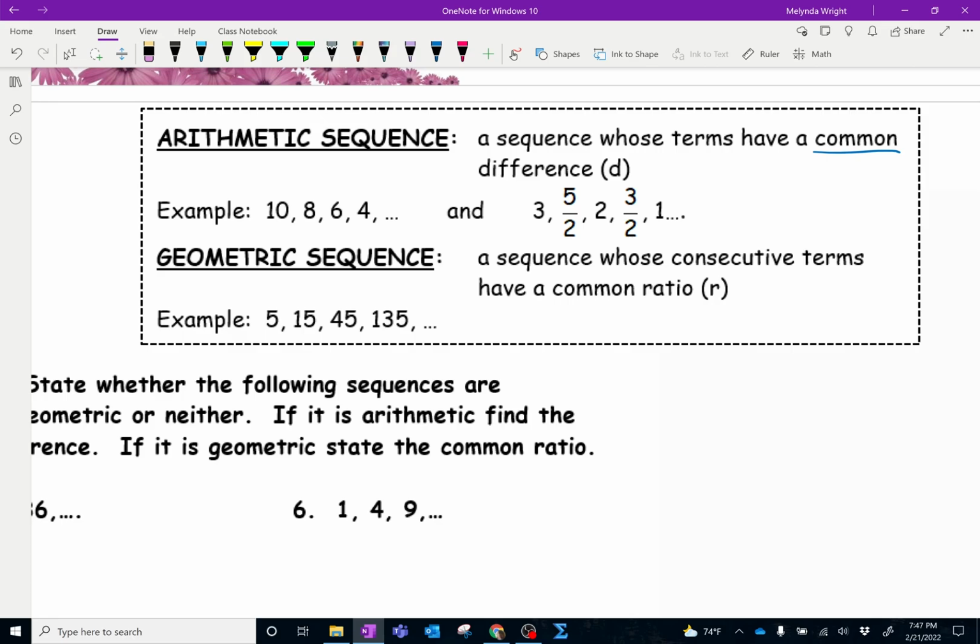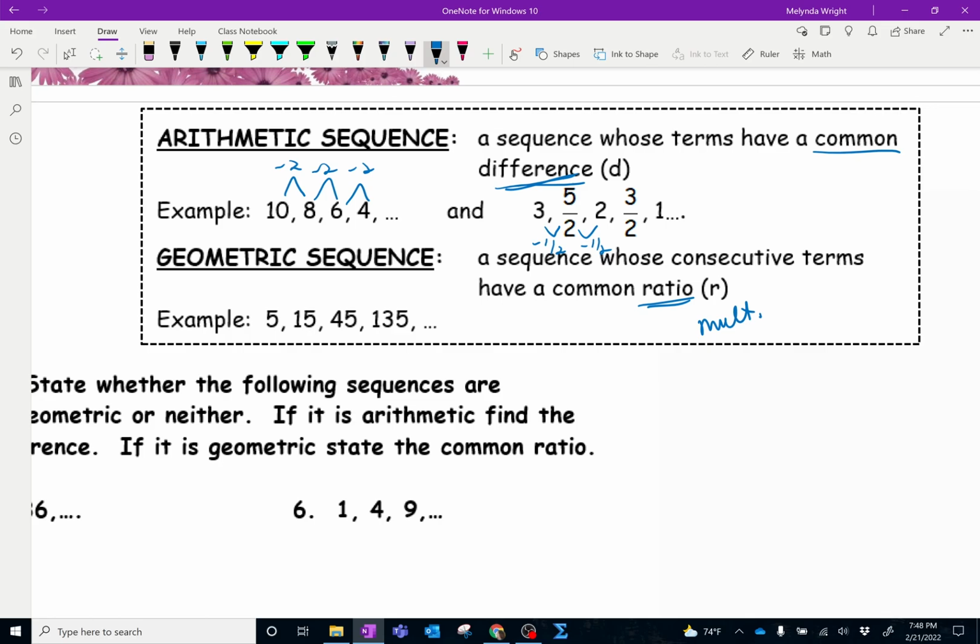Okay, geometric has to do with ratio, which is multiplying, and difference is subtracting. Okay, so those are our differences. So let's see. What do I do to get from a 5 to a 15? I multiply by 3.